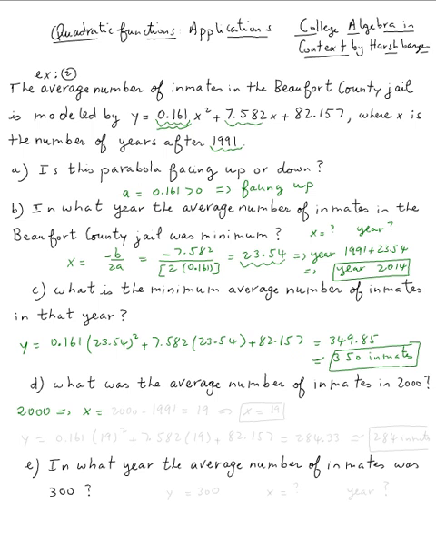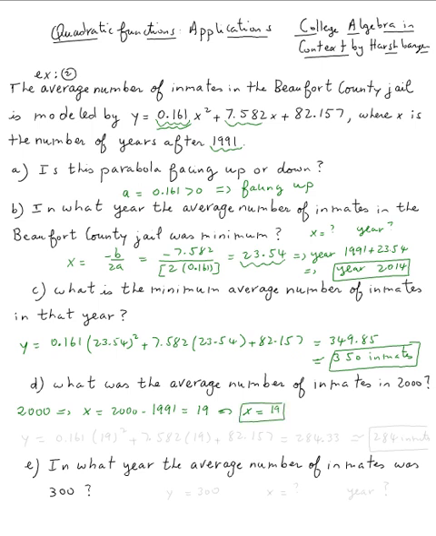So 2000 means how many years after 1991? It's 2000 minus 1991, which is 19. So x is equal to 19.